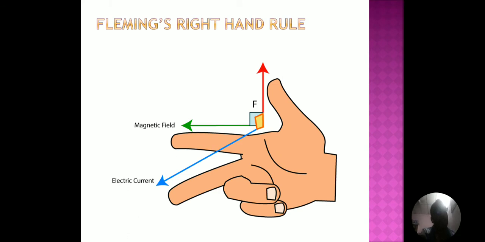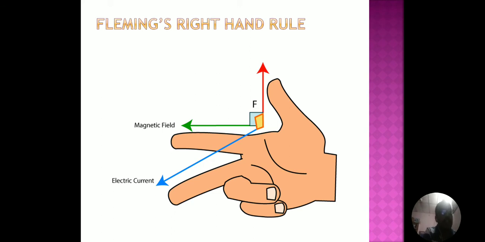Now let us discuss the second topic, that is Fleming's right hand rule. First of all, stretch the forefinger, middle finger, and thumb perpendicular to each other as shown in the figure.